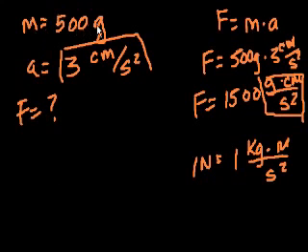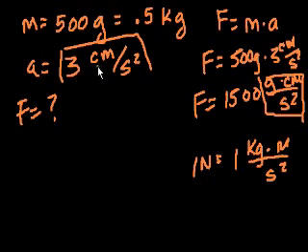So what's 500 grams in kilograms? Well, 1 kilogram is 1,000 grams, so 500 grams is half a kilogram, 0.5 kilograms.